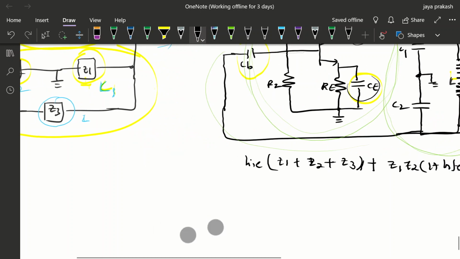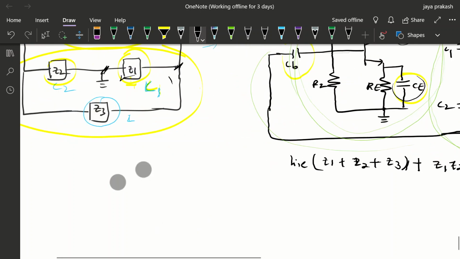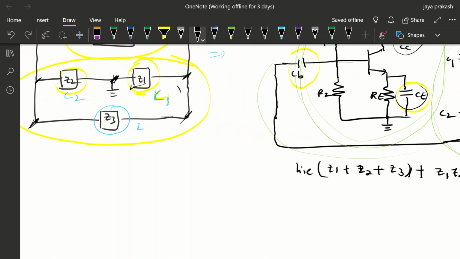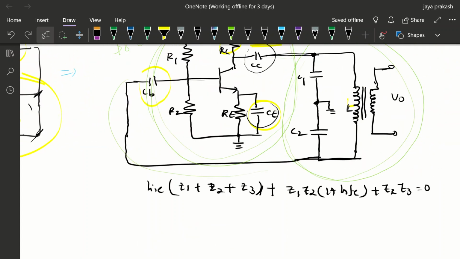What is Z1? The impedance between terminals 1 and 2. Z2 is the impedance between terminals 2 and 3, and Z3 is the impedance between terminals 1 and 3. We have connected C1 in place of Z1, C2 in place of Z2, and L in place of Z3.